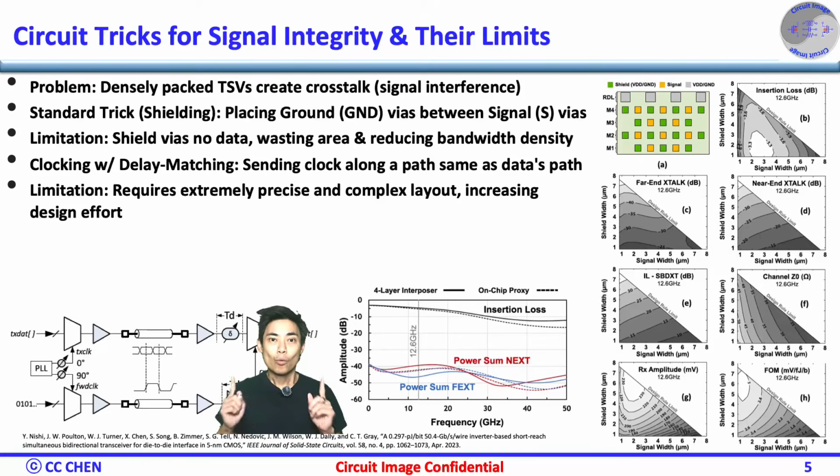Even with a wide and slow approach, we face signal integrity limits. Densely packed TSVs coupled at GHz can cause crosstalk. The standard mitigation is GSG shielding, which cleans the signal but consumes area because ground vias carry no data.